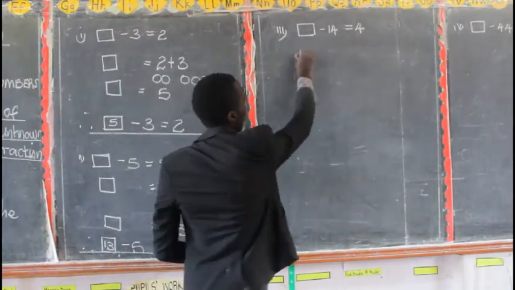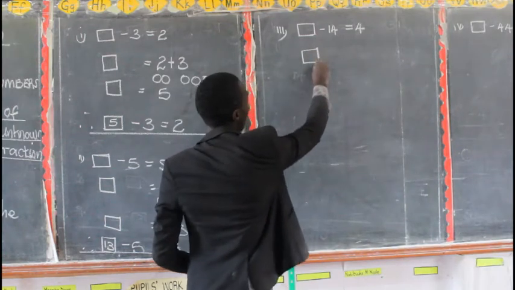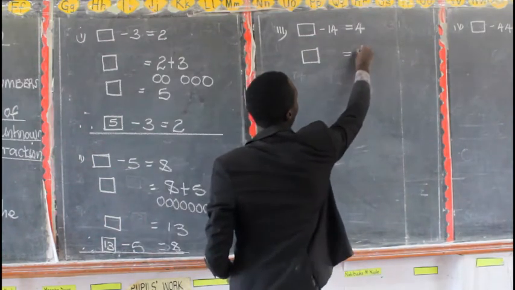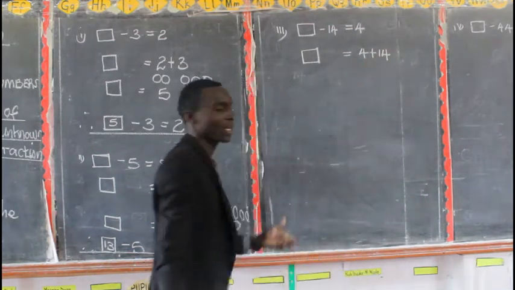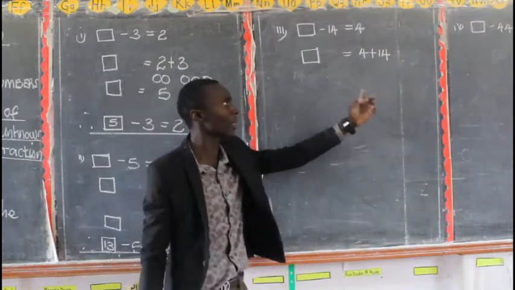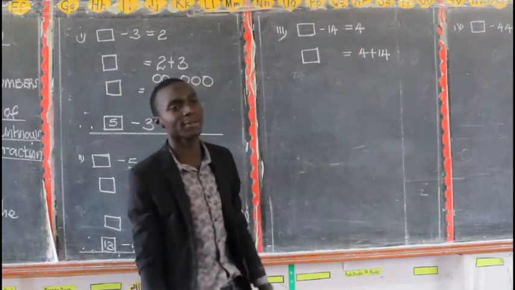So you will say that a box, therefore, will be equal to 4 plus 14. That's how we do.